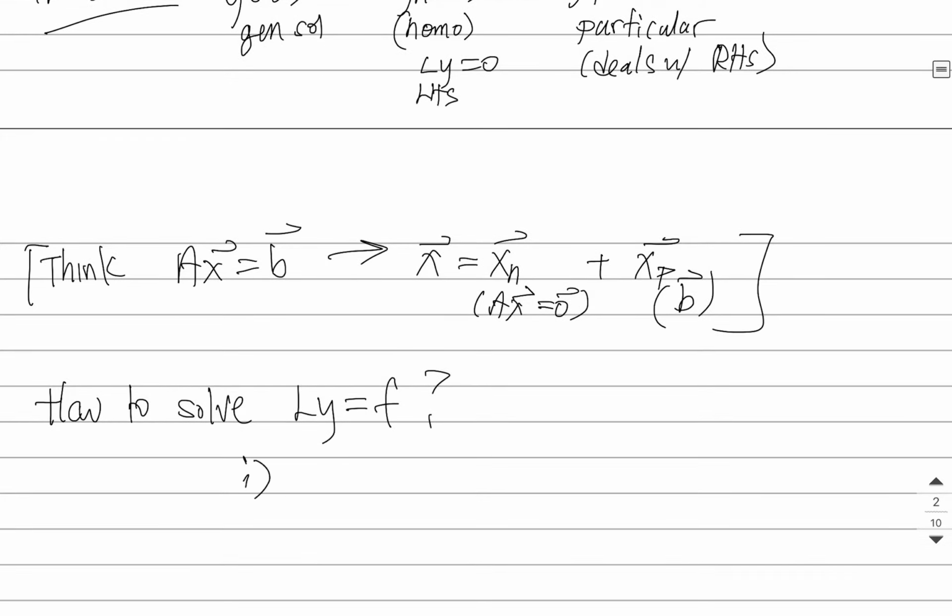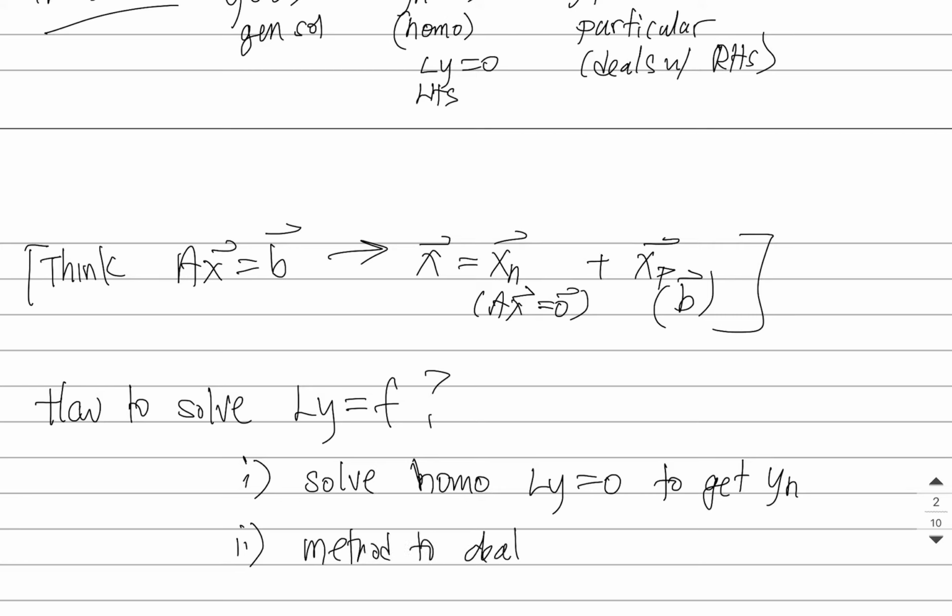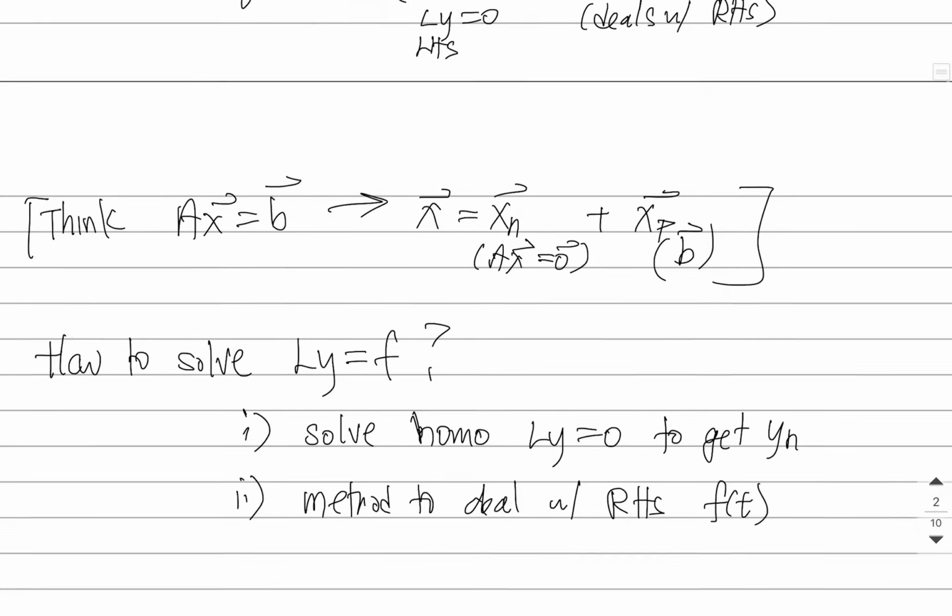First step is you're going to solve the homogeneous equation, Ly equals 0, and that will get you this yh. And then you need a method to deal with the right-hand side, the thing that we're calling f.